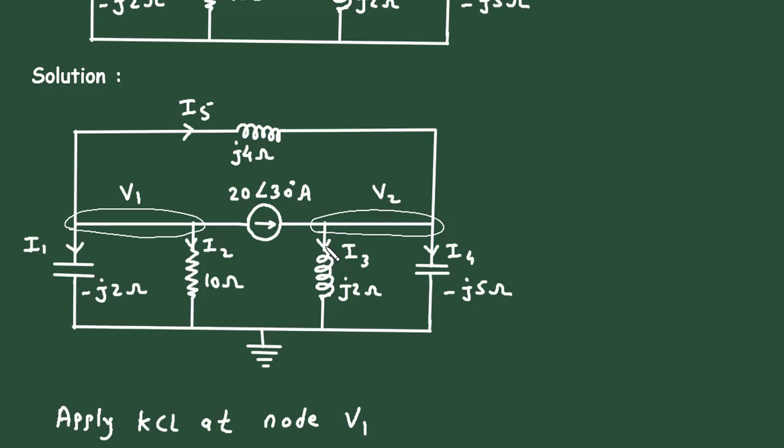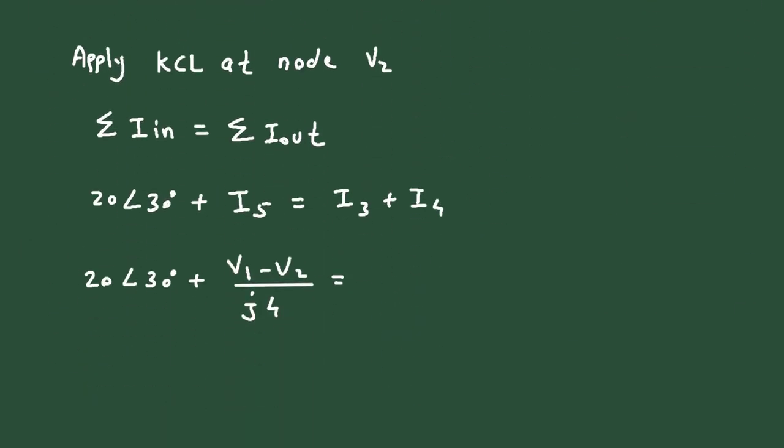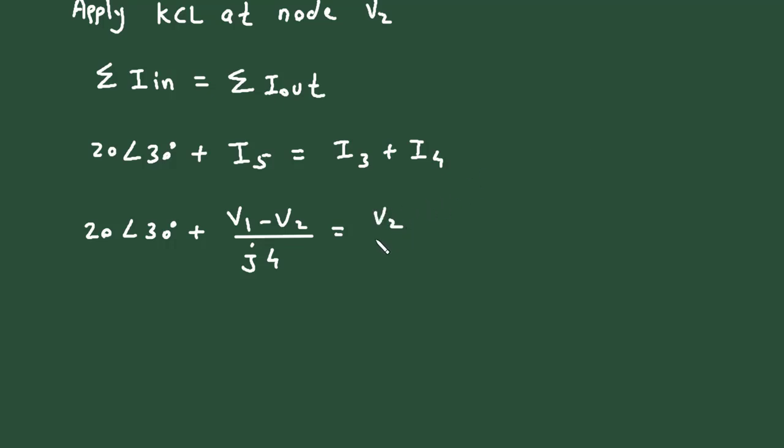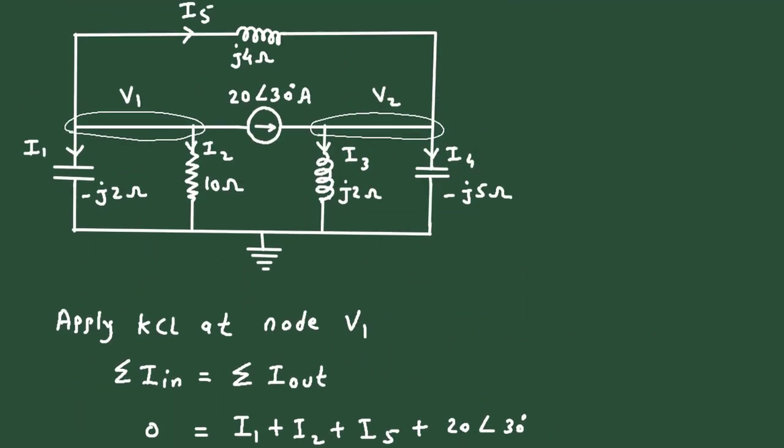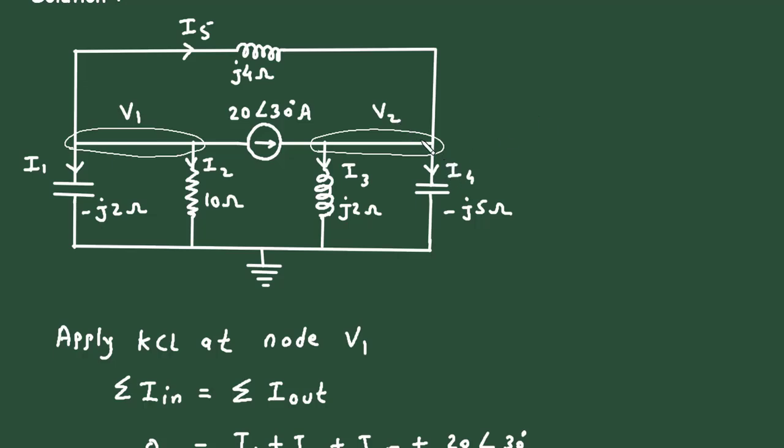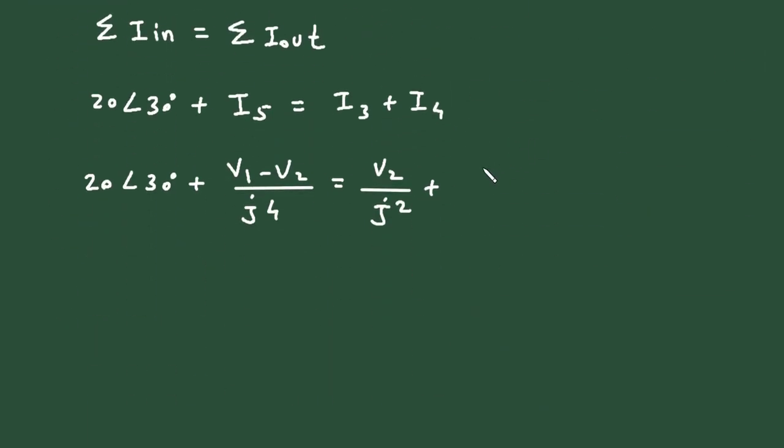Now I3 is V2 minus 0 divided by J2, so V2 divided by J2, then plus I4. This I4 is V2 minus 0 divided by minus J5.